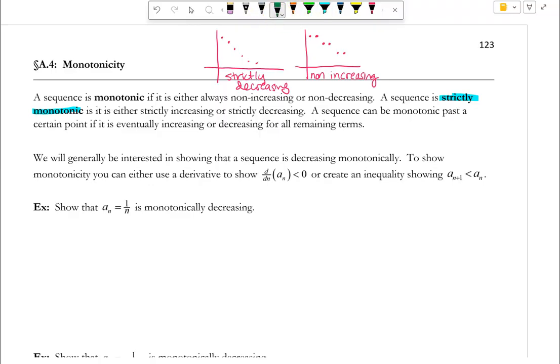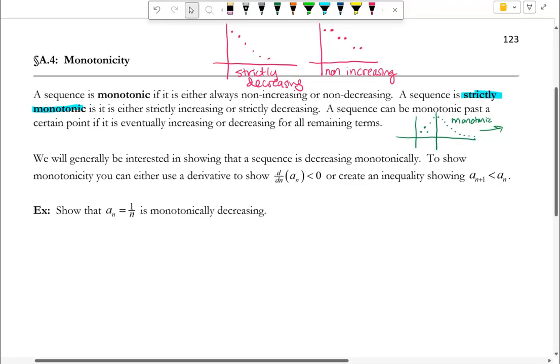So for example, we could have a sequence where in the beginning something interesting happens, but then after a certain point that sequence is always decreasing. We might say that that sequence is monotonic from that point forward. So this would be monotonic and decreasing.